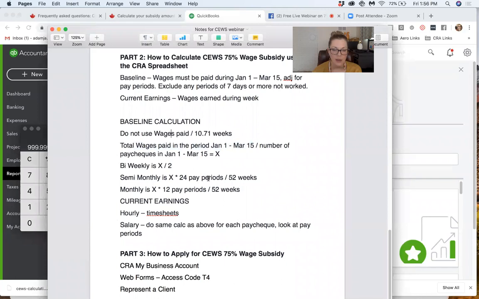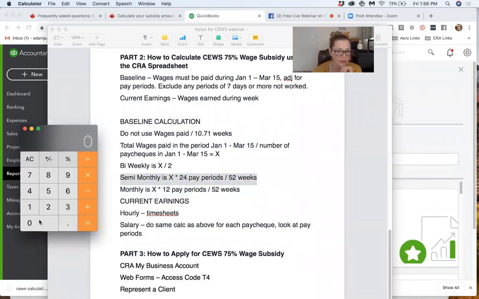So do this same calculation that you just used for semi-monthly in the baseline. You've had 2 checks there. Let's use a different amount here. Let's say you paid them 2 checks and the total was 4,500 gross wages on those 2 checks. It was semi-monthly. They got March 31st and April 15th, but it was for wages earned in those previous weeks.